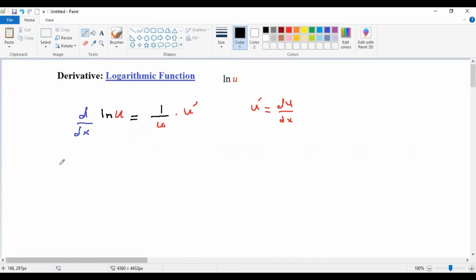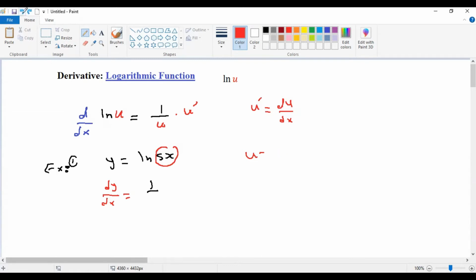Example number 1. Let us say y equals ln 5x. So dy/dx, or y prime, equals the derivative. See the rule, students: 1 over u. What is the u? We have ln u, and the u is 5x.